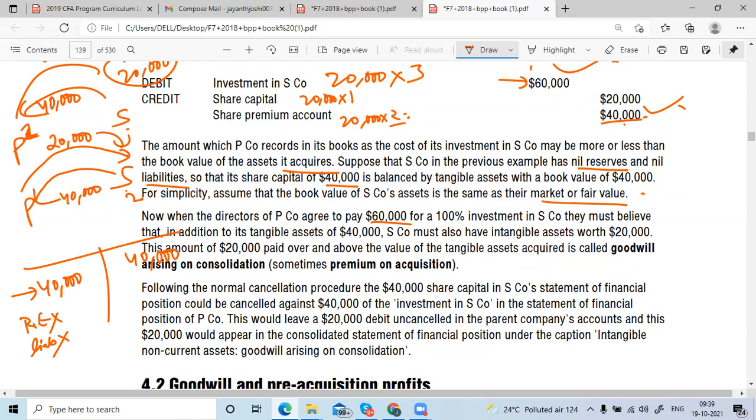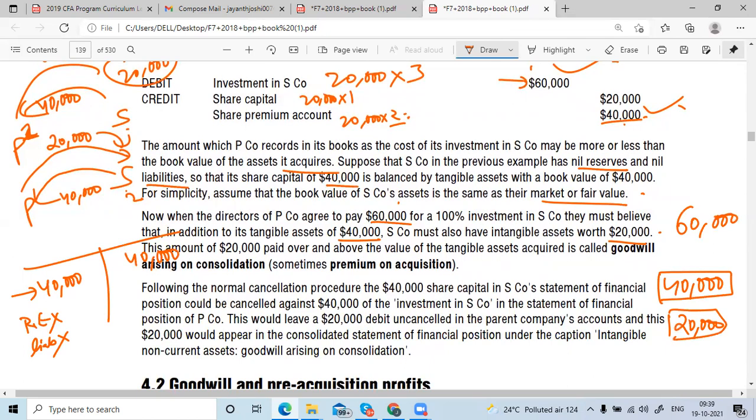So now the directors of P company agree to pay 60,000. They must believe that in addition to its tangible assets, S company must have intangible assets worth this. Why will they pay like that? For 40,000 assets, if they are paying 60,000, that means tangible assets are 40,000, and they are assuming that intangible assets, or technical know-how, their name, goodwill, fame, are how much?